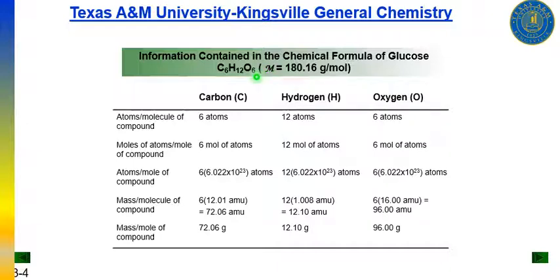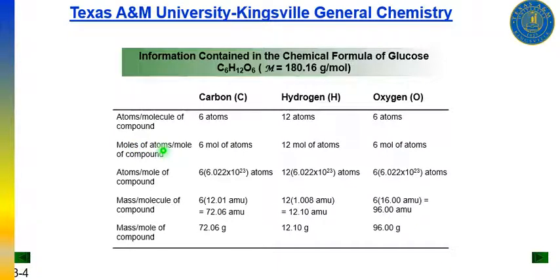In this formula, we can learn the following information, such as the element carbon, the element hydrogen, and oxygen. What we can learn, the atoms per molecule of this glucose. For each molecule of glucose, you have 6 carbon atoms, 12 atoms of hydrogen, 6 atoms of oxygen.